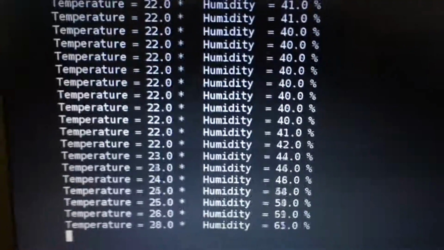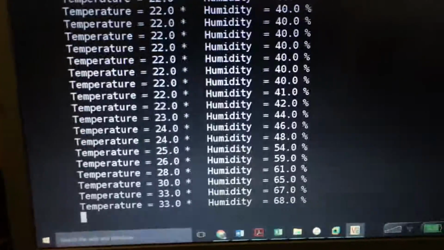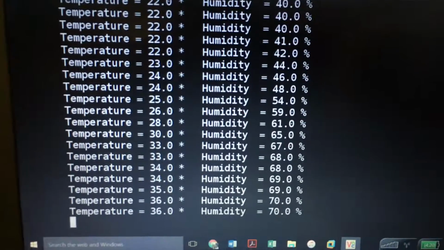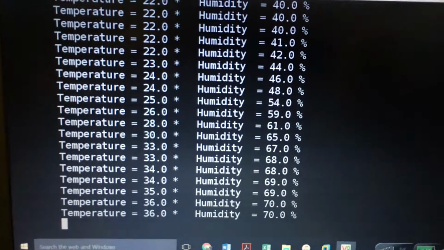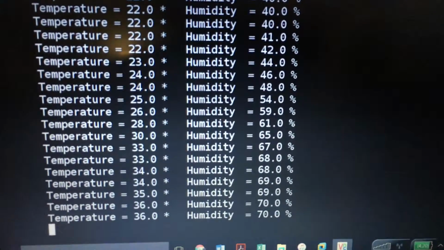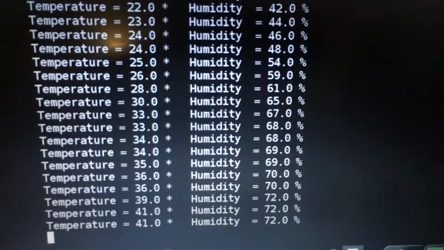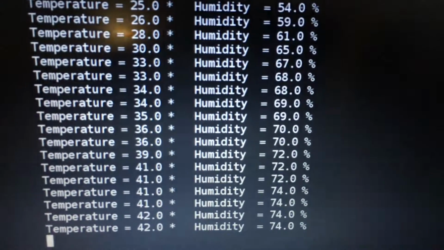There you can see that the temperature being read is increasing, the humidity has increased to 70%, and the temperature is at 35 degrees. And it's going higher and higher.